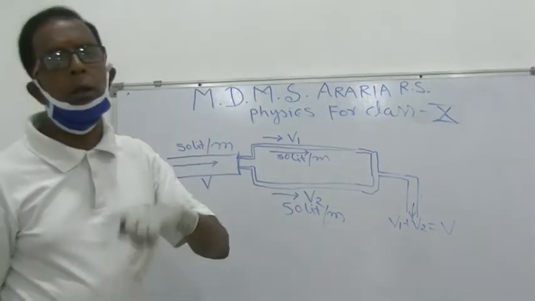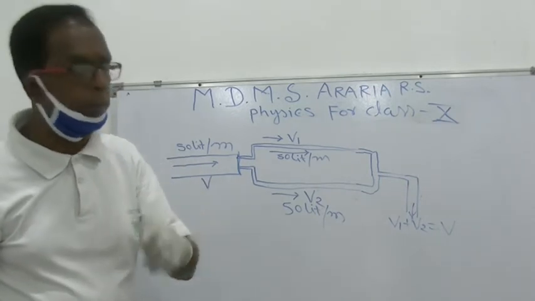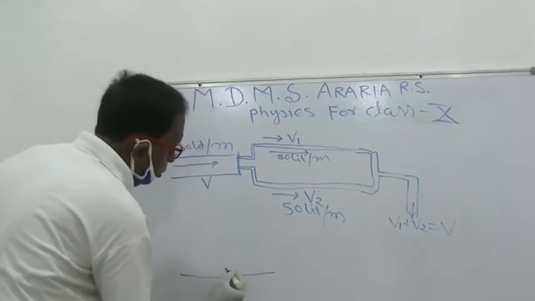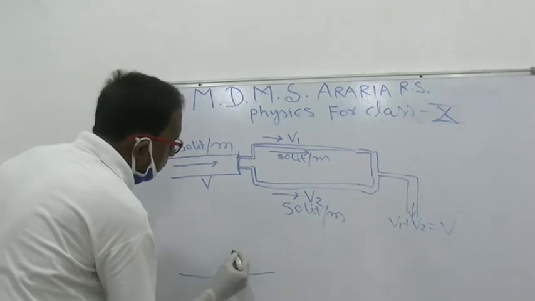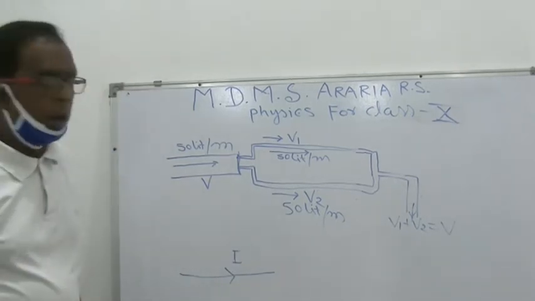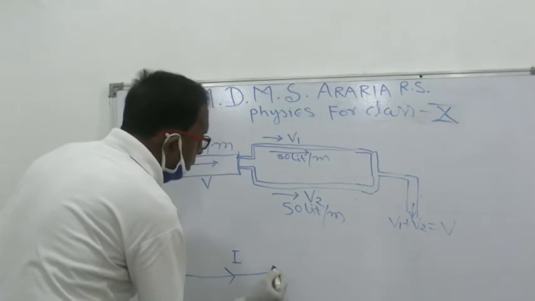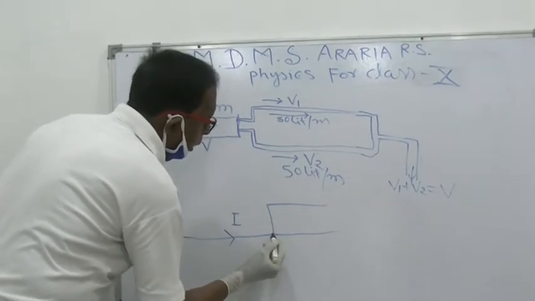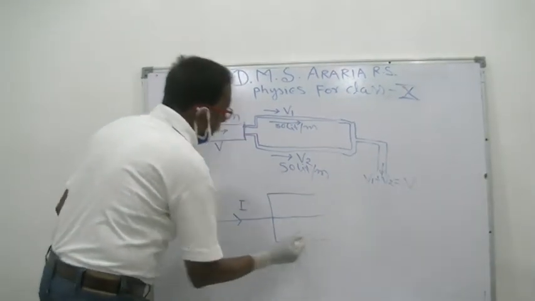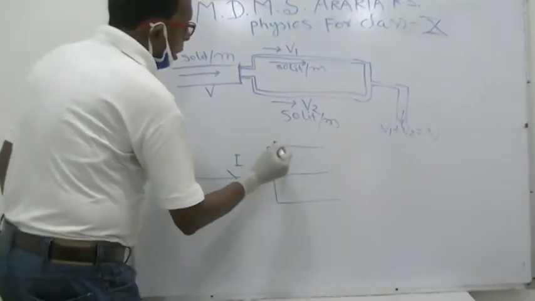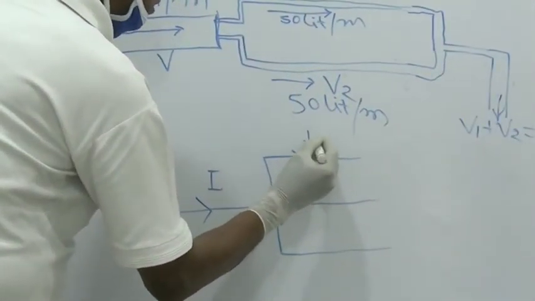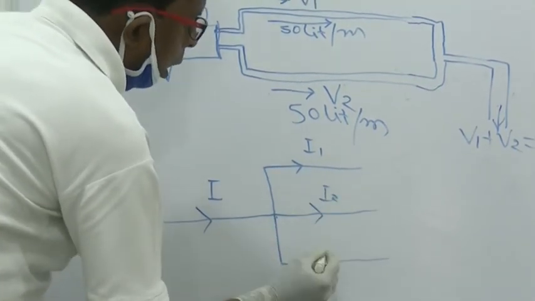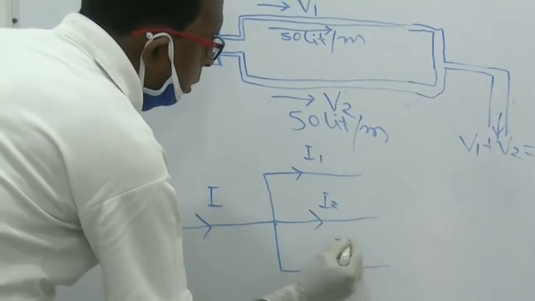Similarly, the electric current or electrical energy behaves. See it? In a wire, this is a conductor, through it current I is flowing. Right? Now, you have connected it with 3 wires. It means in this, I1 current is passing through it, I2 current is passing through it, I3 current is passing.